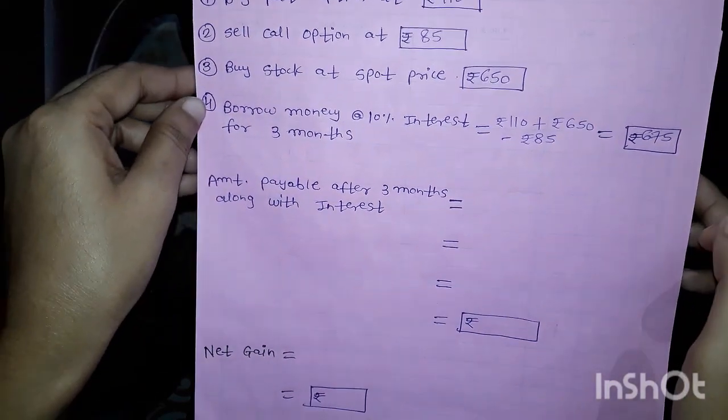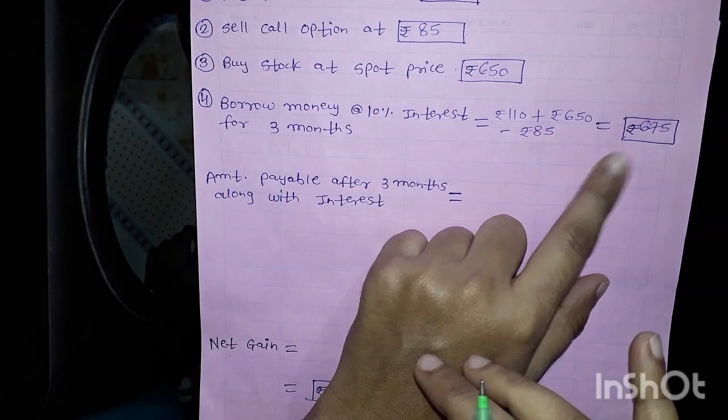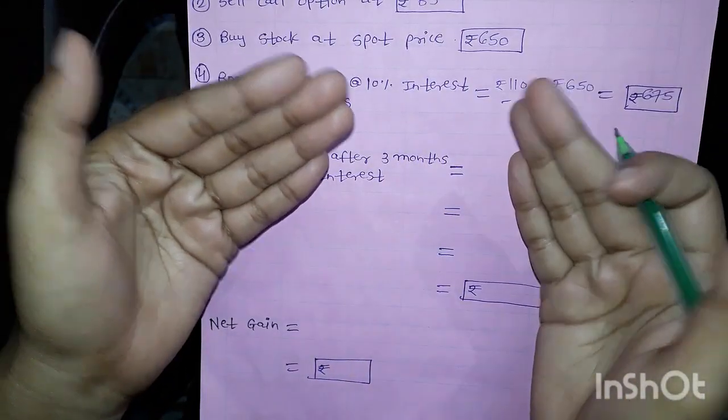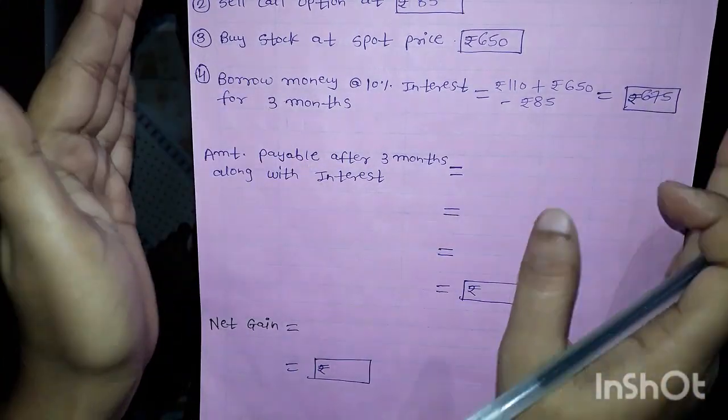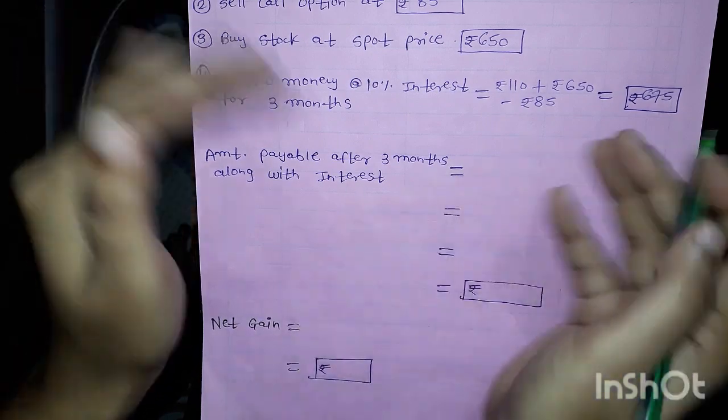I am going to borrow this much money at the rate of 10%. I have to pay this money after 3 months. So I am calculating the amount payable after 3 months along with interest.